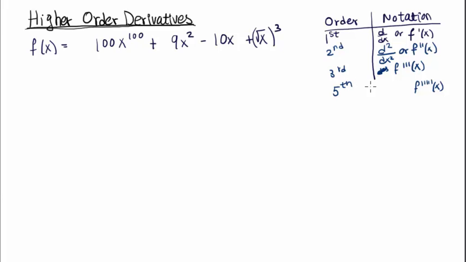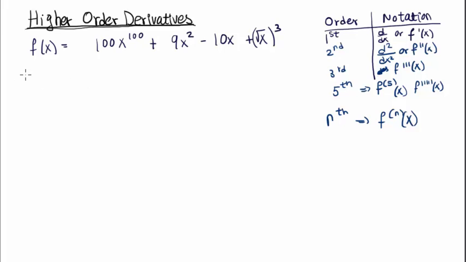So if this is the fifth order, then I denote it as f, and then in little parentheses I'll have a 5 over here, and then x. In general, if it's the nth order derivative, I'll have f, and then I'll have n over here, and then of x. Okay, so that's pretty intuitive. It makes sense logically, hopefully.